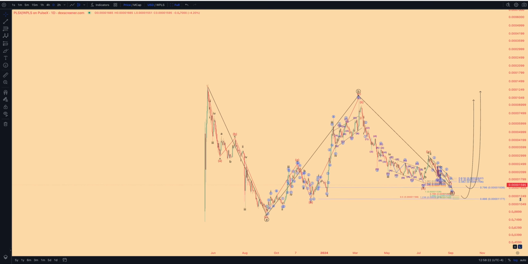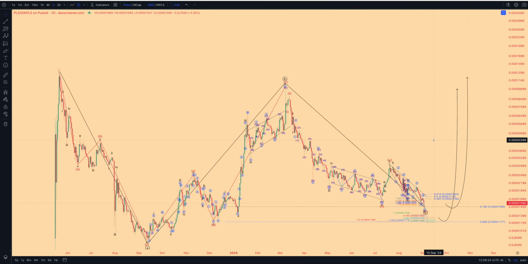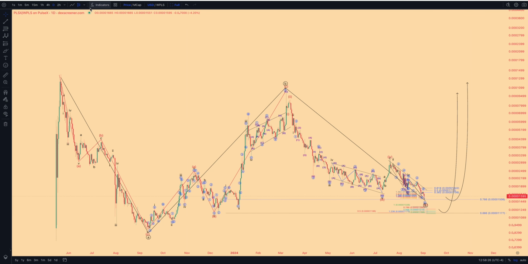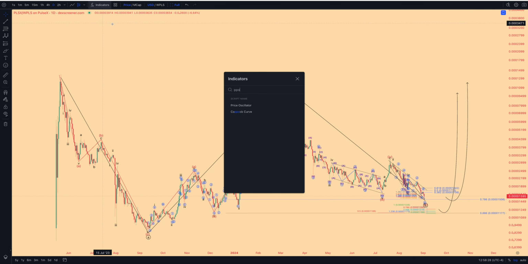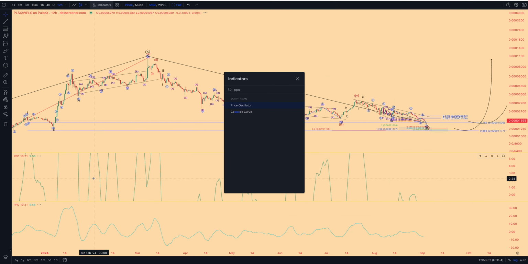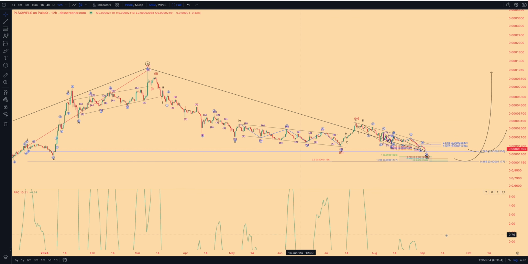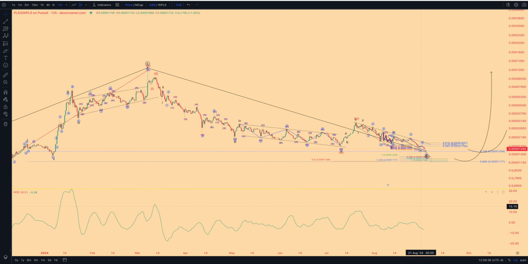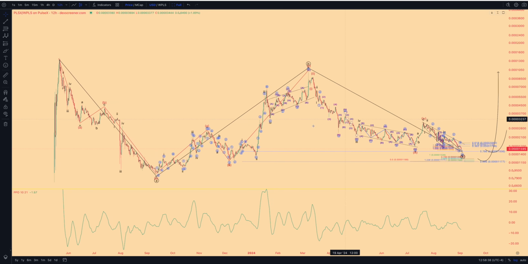And we see that the price oscillator, like I showed you in my last video, has called every single top and bottom. Okay, if we go here on the 12-hour time frame and take a look at this, we can see that these divergences marked every single bottom and top.